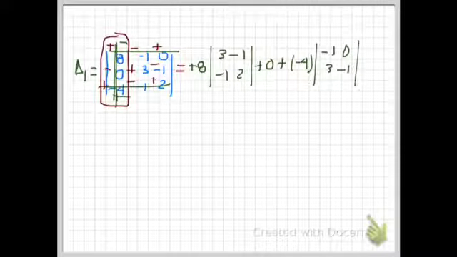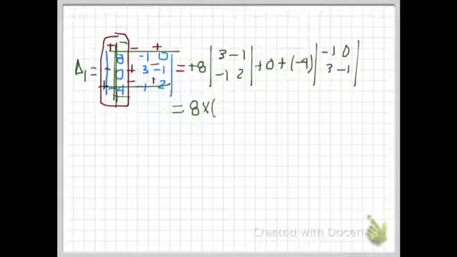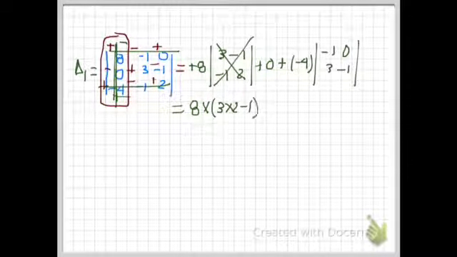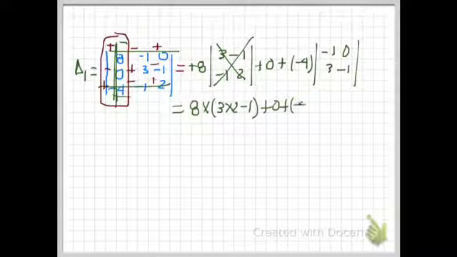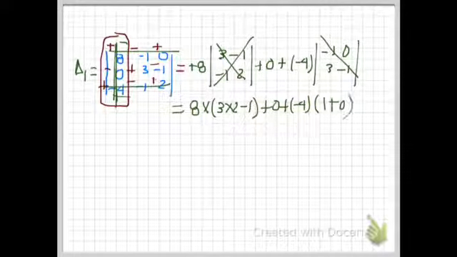So let's go ahead and perform the multiplication. We have 8 multiplied by 3 times 2, that is 6, then minus 1, plus 0, plus minus 4 multiplied by 1, since minus and minus is positive in this case, and that is a 0, so we just add the 0 there.